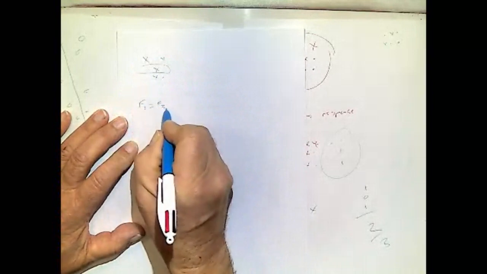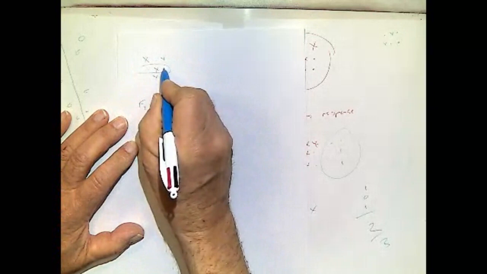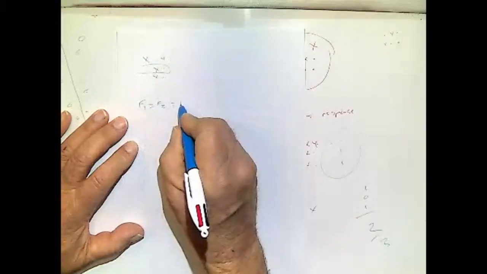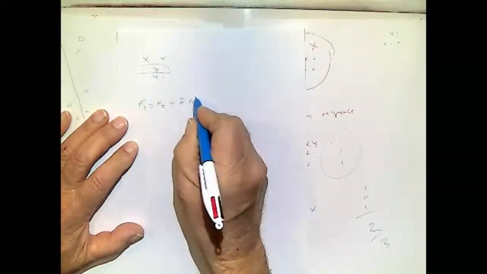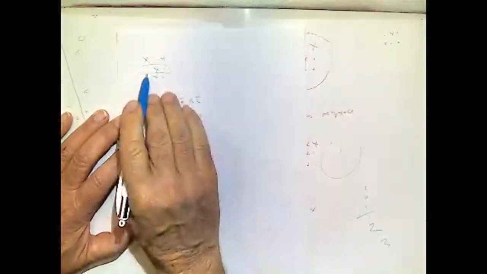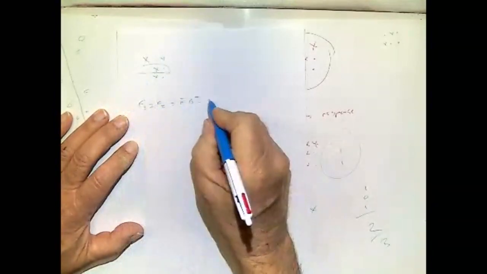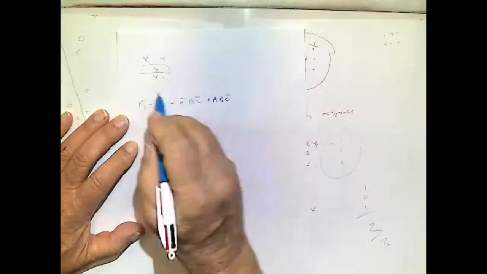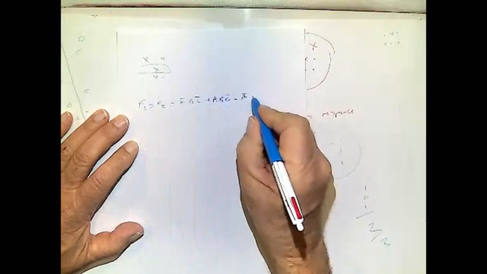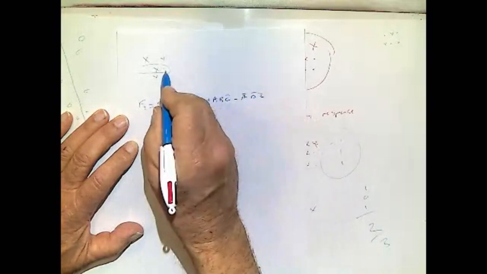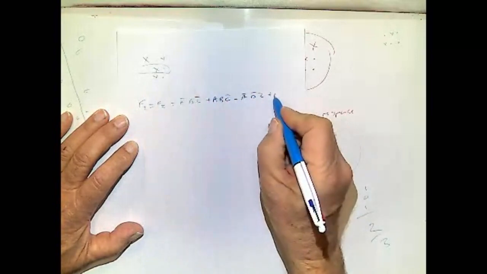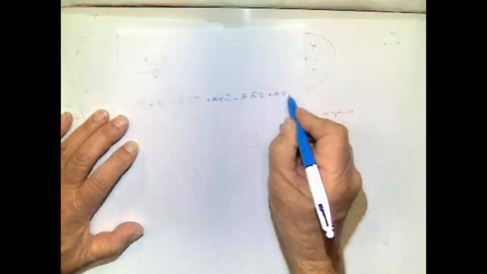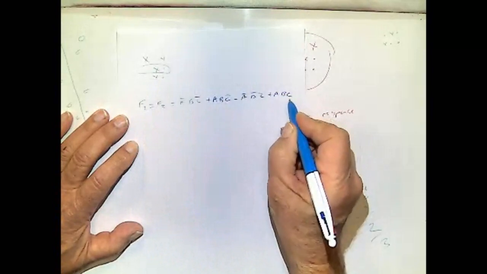F2 equals F3 equals the original pattern where the noise is in the top row, which would be not A and B and not C. Noise on the left-hand side will be A and B and not C. Noise in the middle will be not A and not B and not C. Noise on the right-hand side will be not A and B and C. Right, so there's the 4 terms.